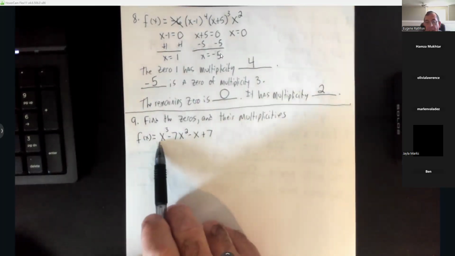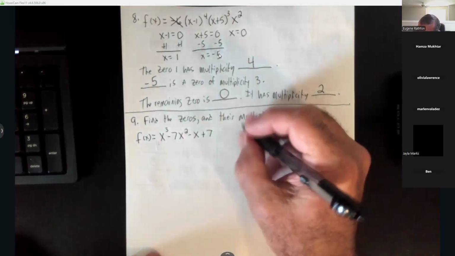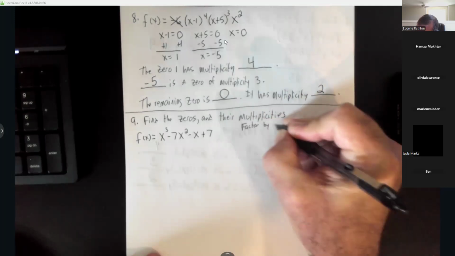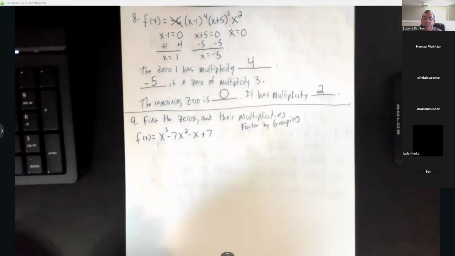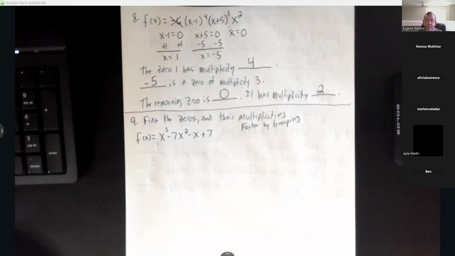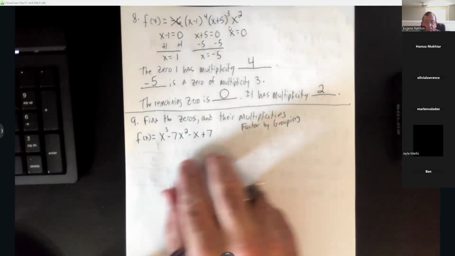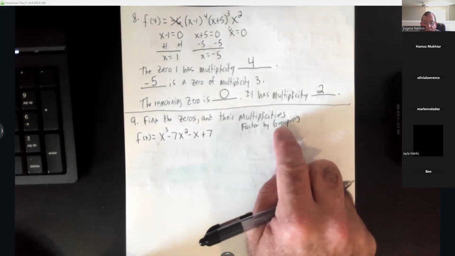So y'all, anytime you got 4 terms like this, we're going to factor this by grouping. So not sure if y'all are going to remember this, but I'll sort of write out what I'm doing as I go through it. So when you got 4 terms, we factor by grouping.